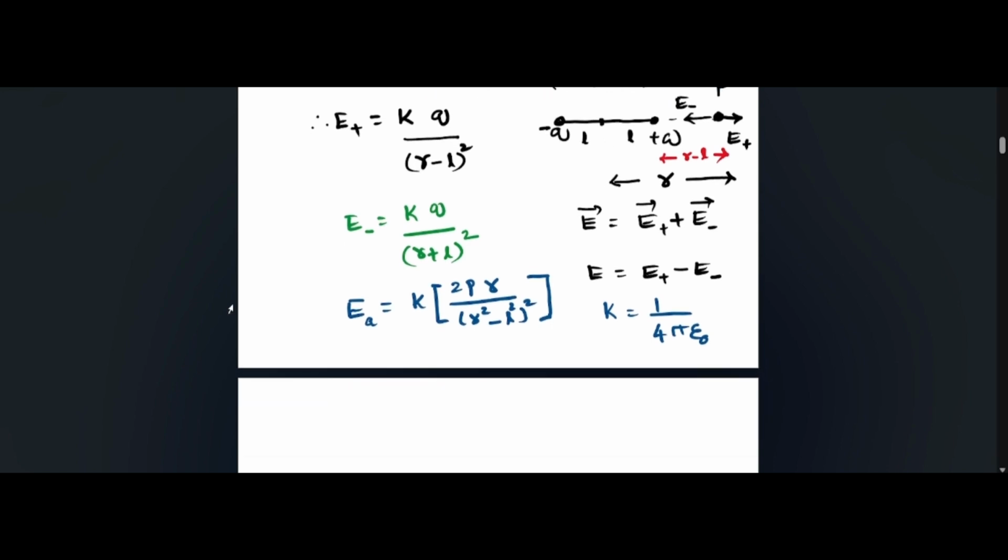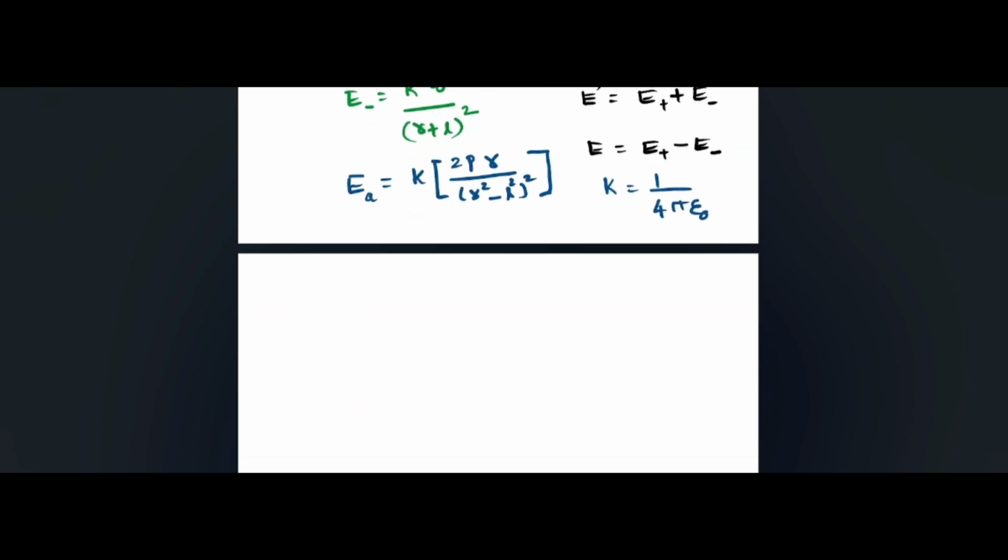If you place the dipole system in a medium, then in place of K, 1 by 4 pi epsilon naught, we write 1 by 4 pi epsilon naught epsilon r.